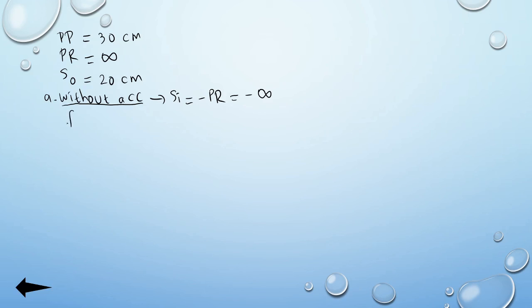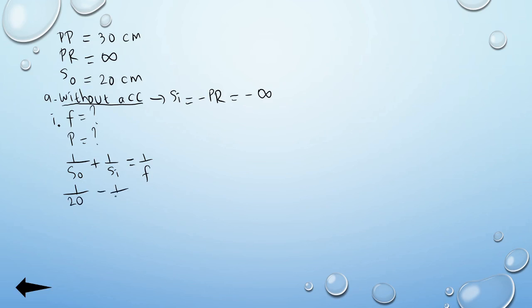Now, the question asks us to calculate the focal length and also the power of the lens. This is for question I. To calculate the focal length, we will use the general equation 1 over SO plus 1 over SI equals 1 over F. The SO is 20 cm.